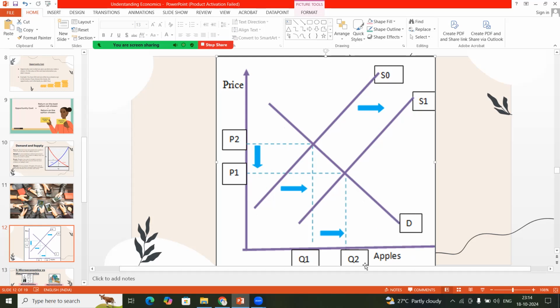Now when the price of apple falls, my quantity demanded will automatically increase. That's why the quantity demanded has increased here, Q1 to Q2, fine. Now my new point is at this point.